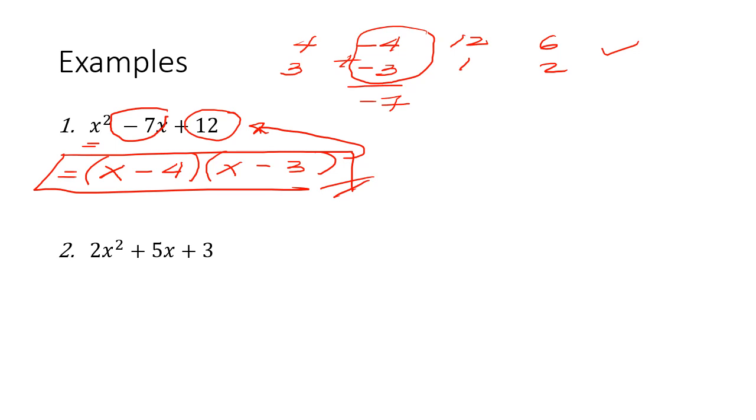For the next one, we have 2x squared plus 5x plus 3. With this example, you have to make use of the trial and error method because, again, it does not fall under the categories that I mentioned a while ago for the factoring topic.